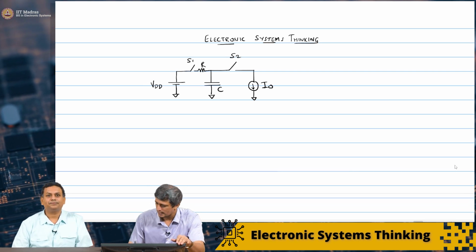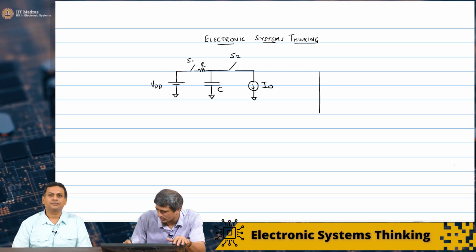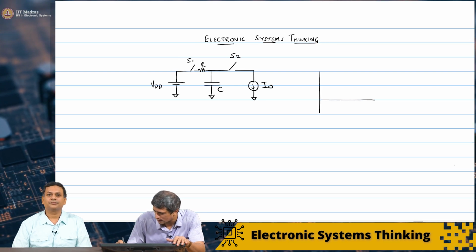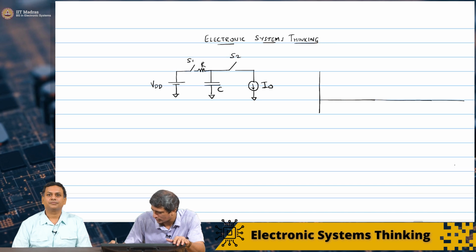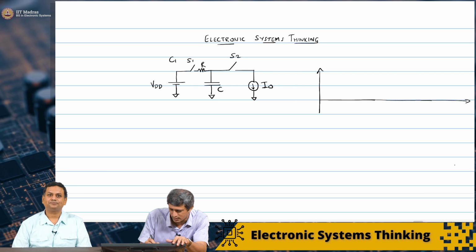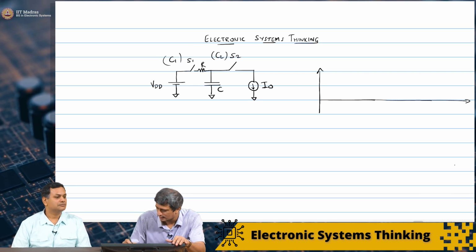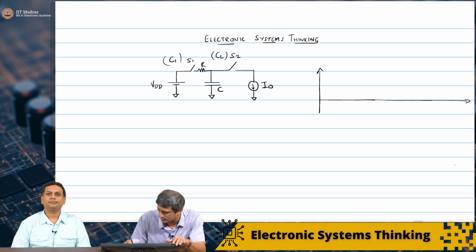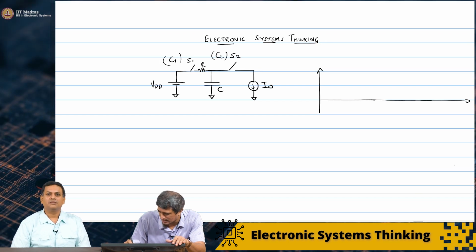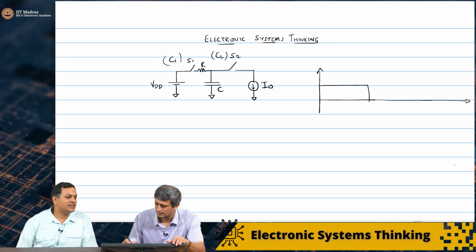So now the idea is we are going to control these two switches using some timing. You have control signals, maybe we can call them S1 and S2 so that they don't get confused with the capacitors.